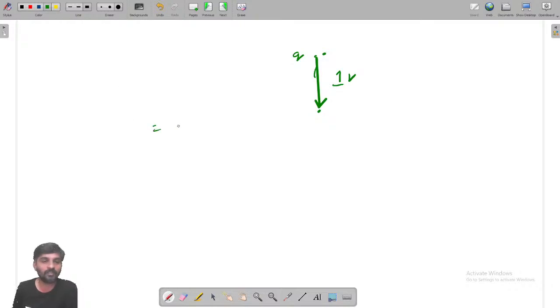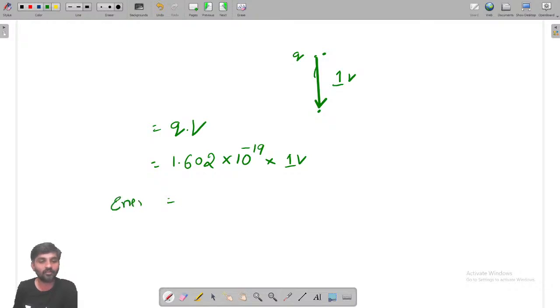So what happens here? QV, Q into V. So what is Q? 1.602 × 10 to the power of minus 19 coulombs, the charge of an electron, multiplied by 1 volt. So what will you get, sir? Simply you will get energy, yes or no? You will get energy only.